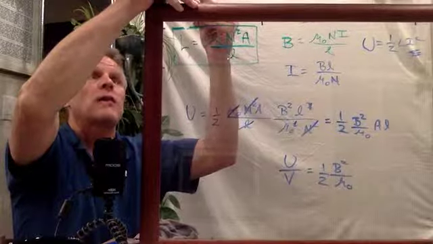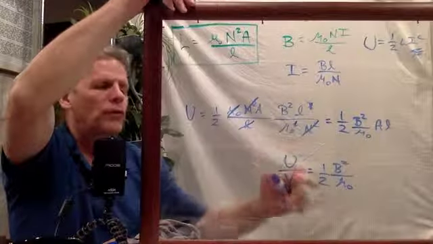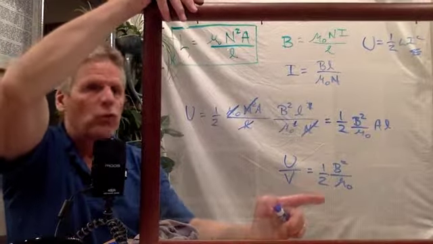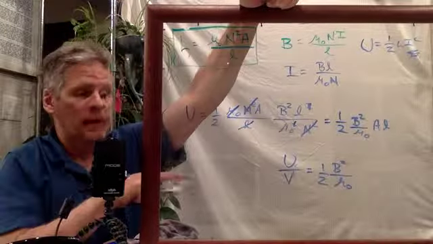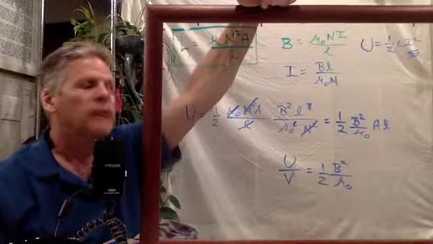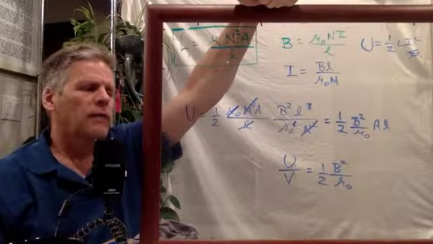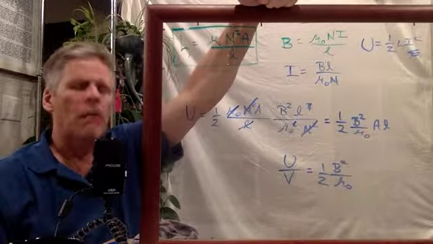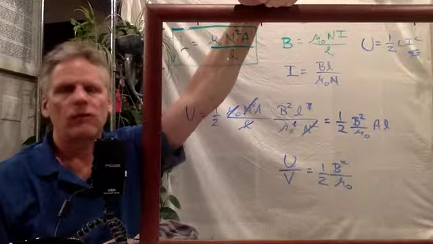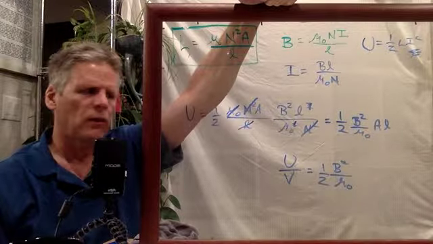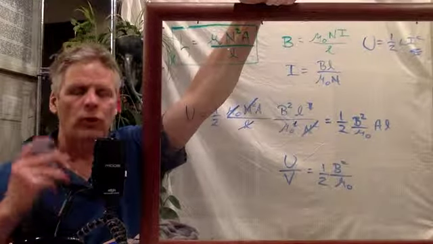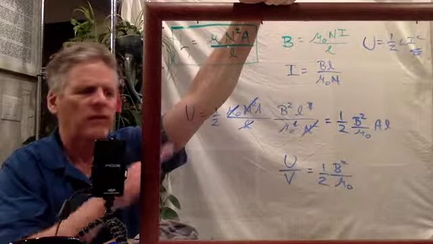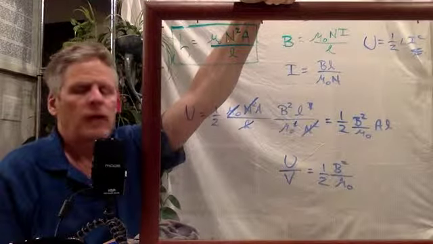First of all, it would be a good idea for you to look back at the expression for the energy stored in a capacitor and compare that to this one. But the second thing I'd like you to remember is that although we are calculating this for this solenoid, for this specific situation, this is not limited to that.